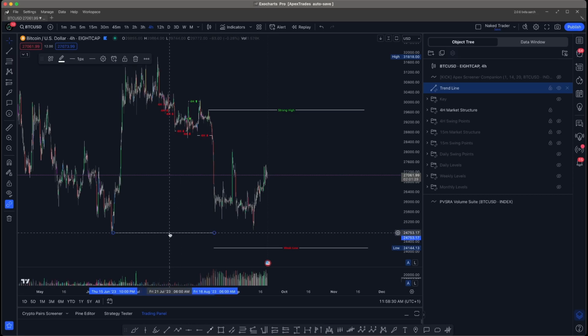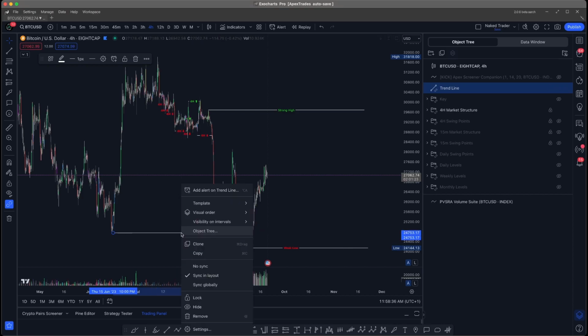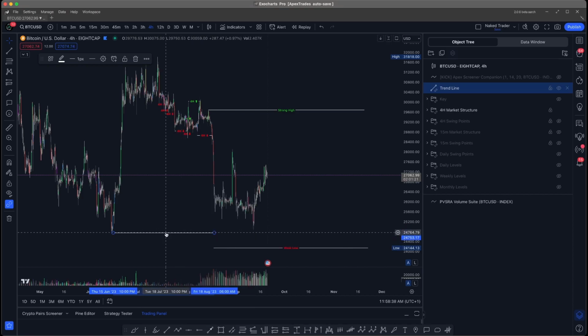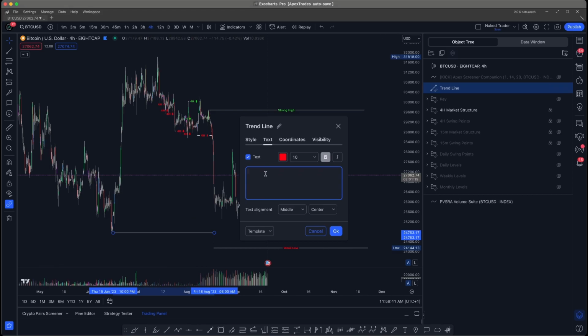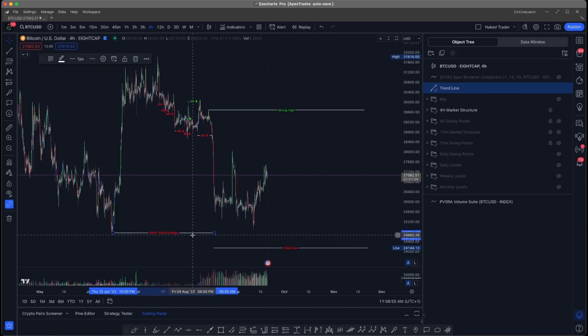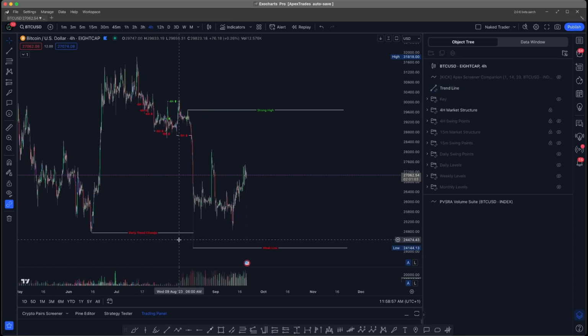That was previously a strong low, but it's broken. So I'm going to call this something like daily trend change, just so it's absolutely clear in my mind that that was a significant point at a daily level.